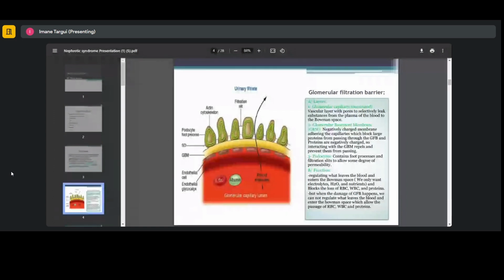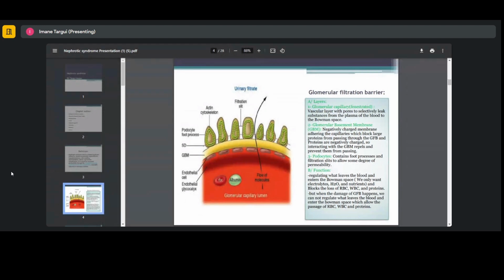In the normal state, proteins, red blood cells, and white blood cells are very important for our body. Red blood cells are important for blood circulation, and loss of red blood cells leads to various conditions such as anemia.